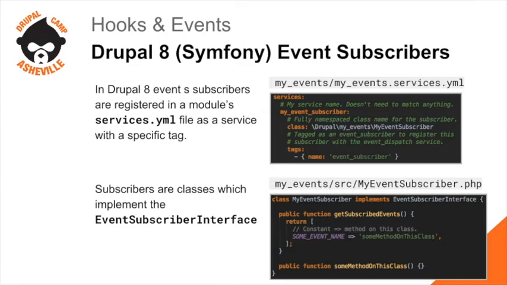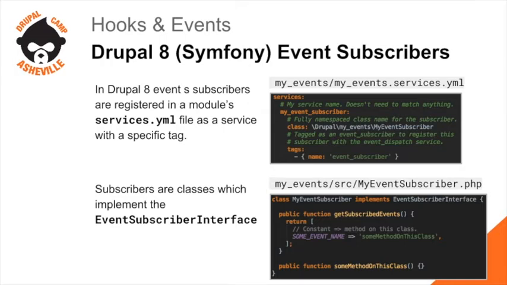And so this subscriber subscribes to every event name, and for each event name that gets dispatched, we will execute a method on this class. And then the way we tell Drupal about our subscriber is our event subscriber is actually a service.